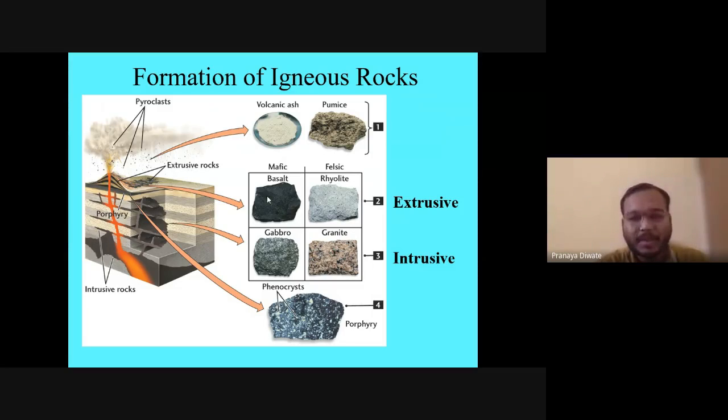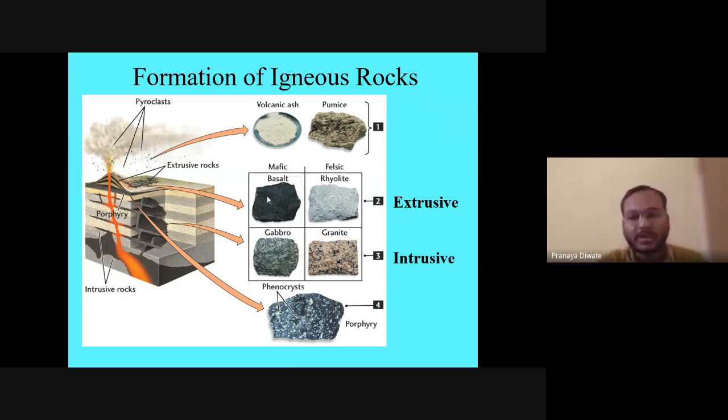So this is how you have a different kind of igneous rock. The rock which is formed from the ash is known as pumice. The density of pumice is very low. As you know, ash is a very light material, so pumice can float on water.